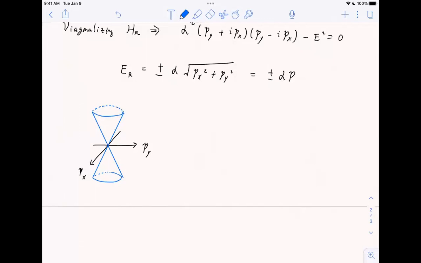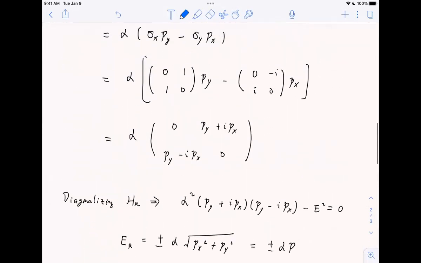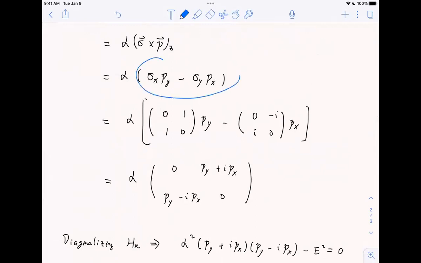It's just from one term of the Dirac equation, the spin-orbit coupling term. Okay. So I should not call it a Dirac cone, but it's a cone. Of course, this is somewhat similar to the Dirac equation, but not exactly.